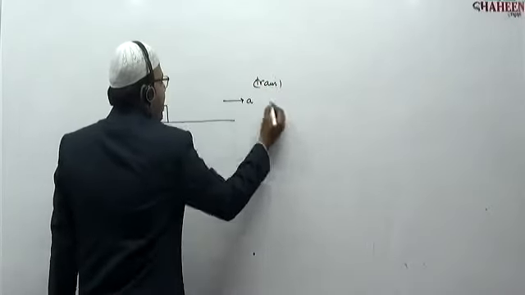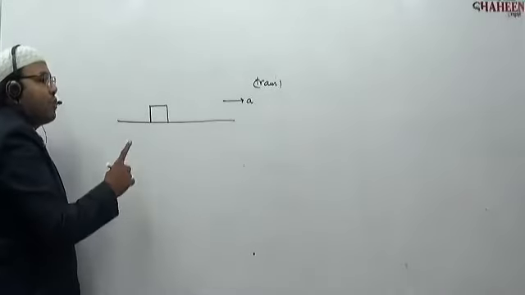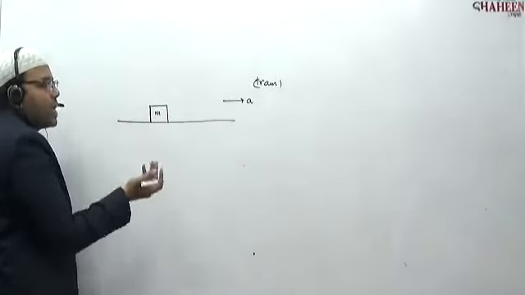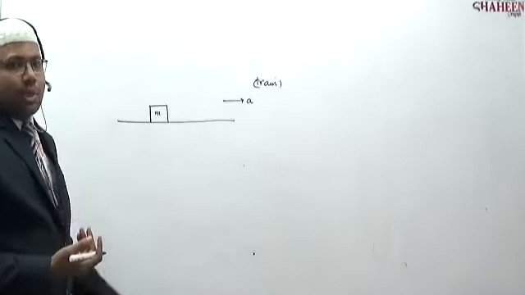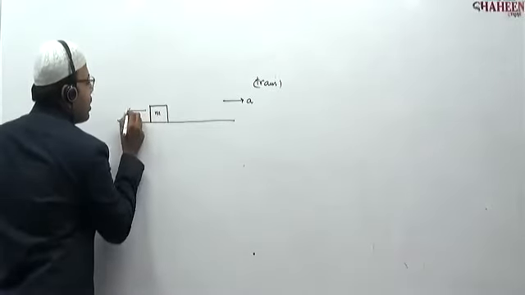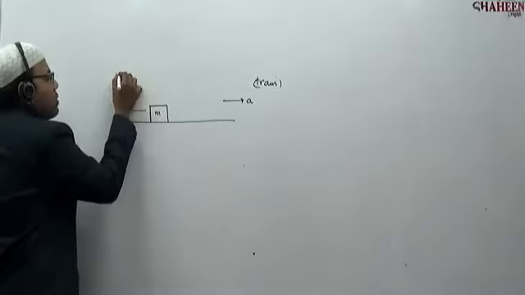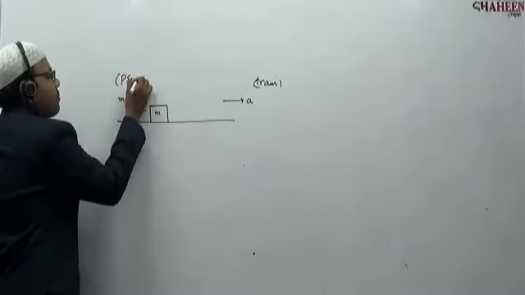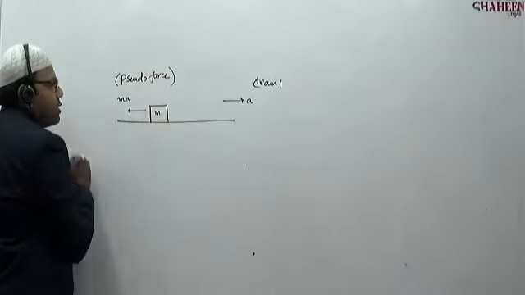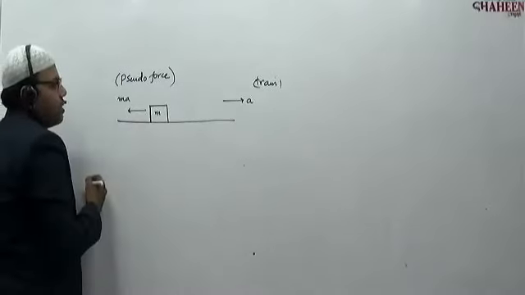So what happens, students? There will be a pseudo force. Suppose the mass of this block is m. So pseudo force acts in the opposite direction. जो भी pseudo force रहेगा opposite direction में act होगा बेटा. And that pseudo force, it will be acting like this, ma. Pseudo force will be acting in this way because the train is moving like that.